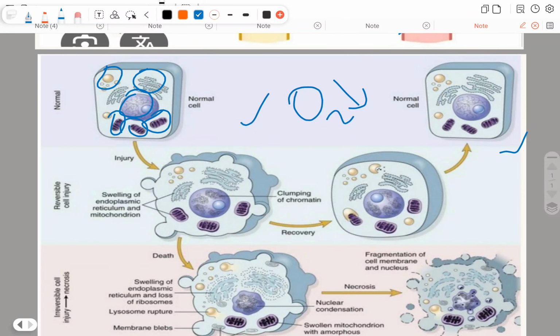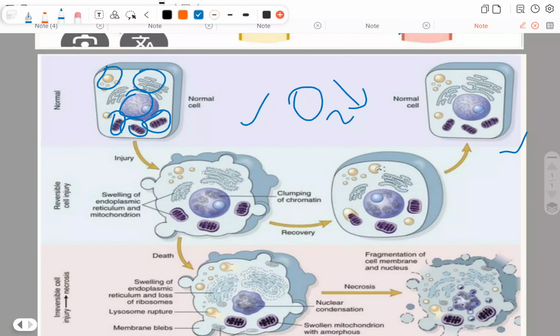When there is not a normal amount of oxygen, the cell has to use another type of energy. The oxygen is necessary for the citric acid cycle. If there is not a normal amount of oxygen in the cell, the citric cycle can't perform normally, and the cell adapts to get energy by glycolysis.